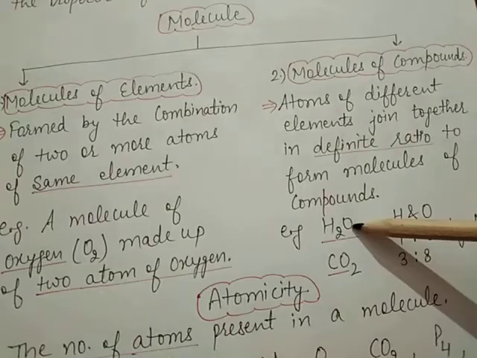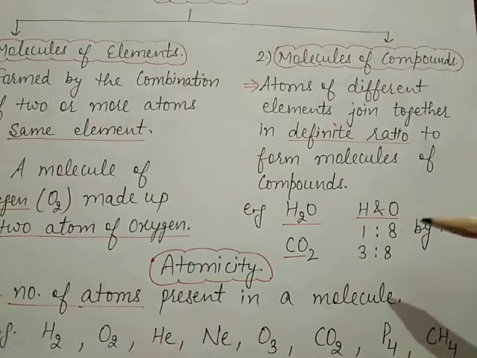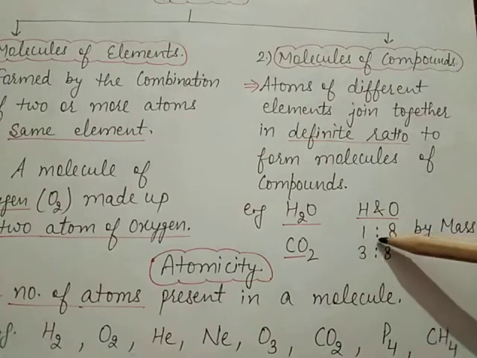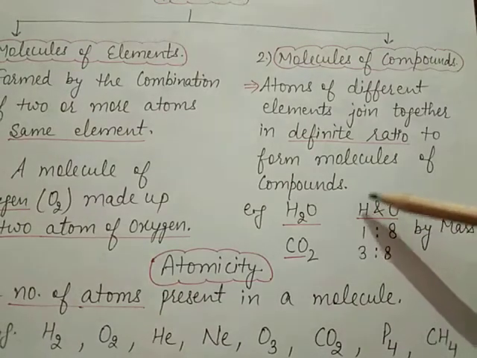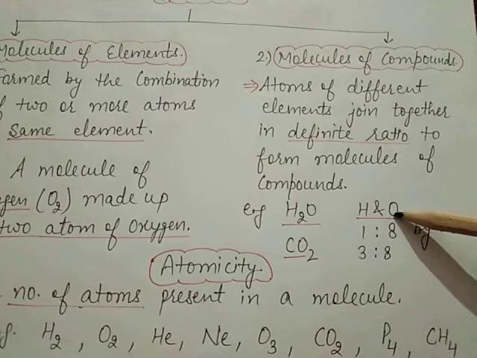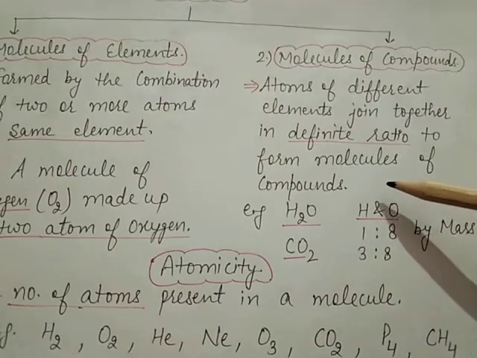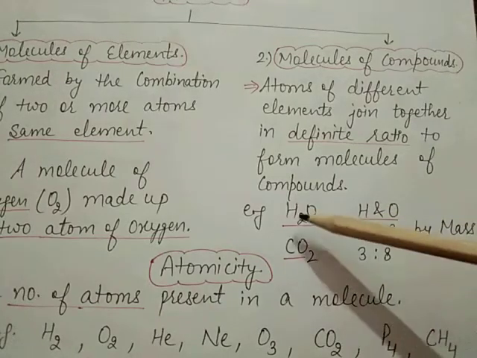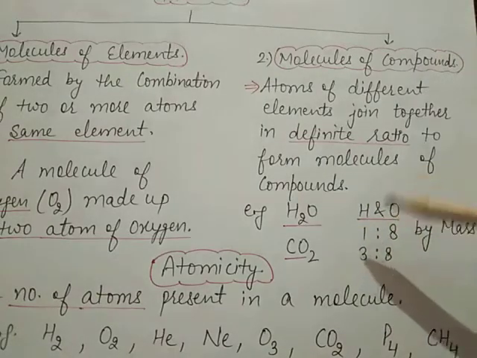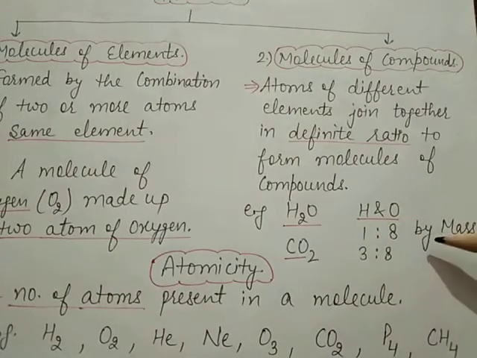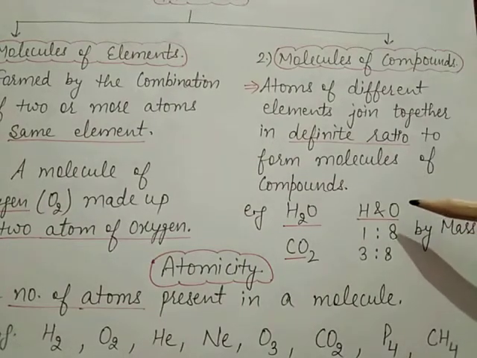The H2O molecule is made up of hydrogen and oxygen in the ratio of 1:8 by mass, because the atomic mass of hydrogen is 1 and oxygen is 16. Two atoms of hydrogen are present, so 2:16, which means 1:8 by mass. This ratio is fixed to form a molecule.